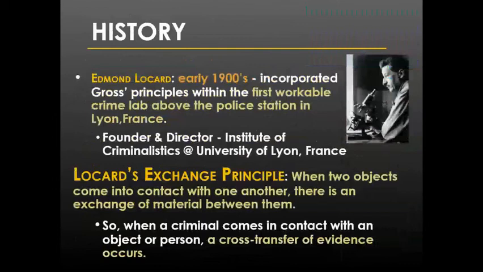So not only do you leave evidence behind of where you were, but there's evidence on you as well from the places you were at and the people you interacted with. And it can be very, very small trace evidence, but there is that cross transfer of evidence that takes place.